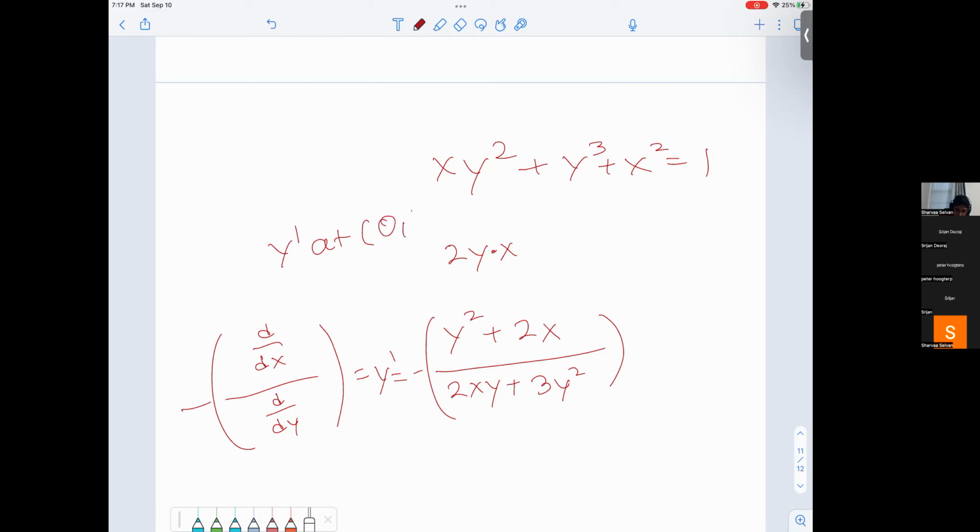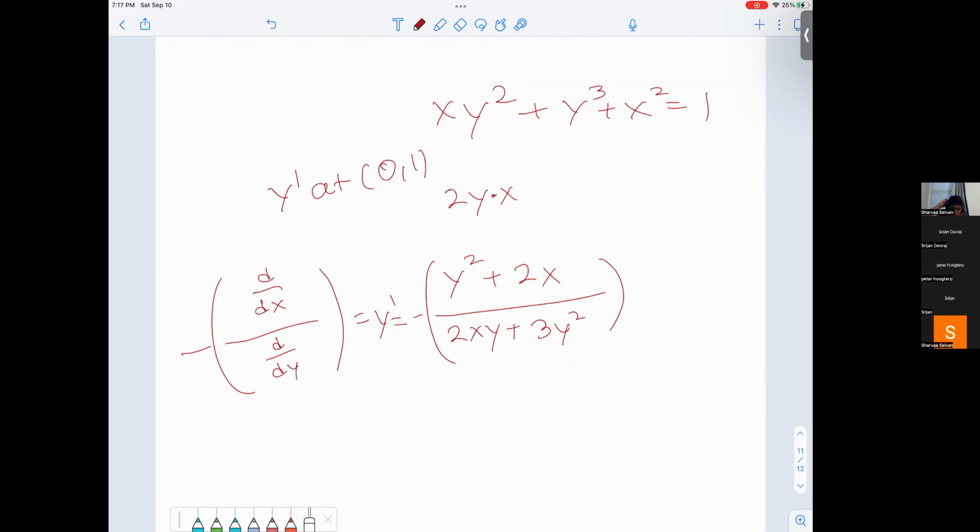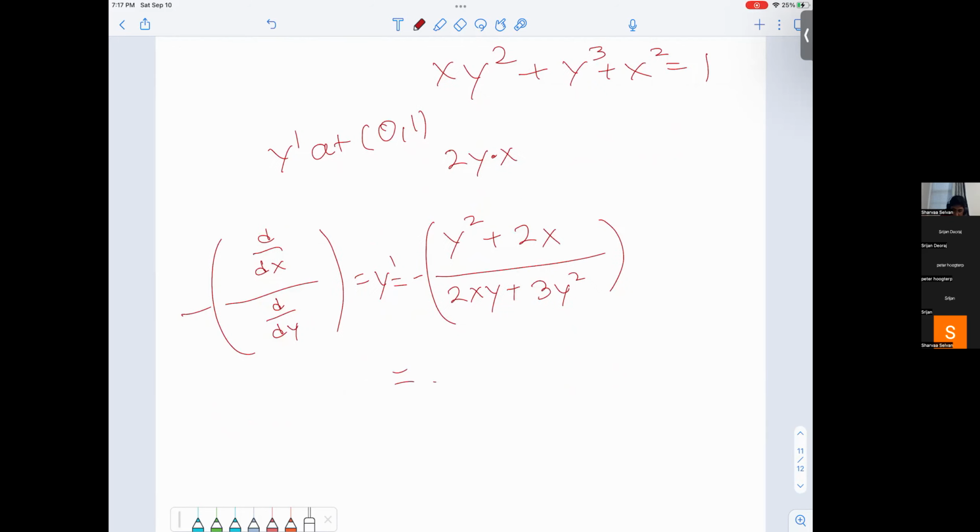Well, what makes it really convenient is you can just plug in our values. We say x is 0, y is 1. So you get negative of y squared, so 1 plus 0, all over 0 plus 3, which is negative 1/3.